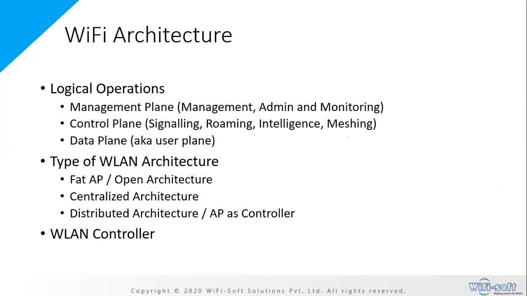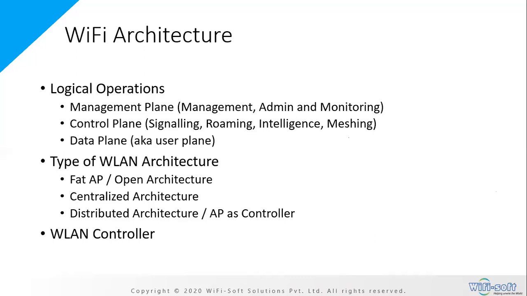So the management plane allows you to manage all the networks and all the access points through one controller. What I was talking about was the fat access point, where we individually managed those access points, but we soon realized that when you have to manage hundreds of access points, it is very hard; you can't configure every access point individually.